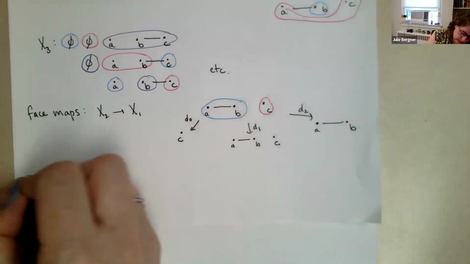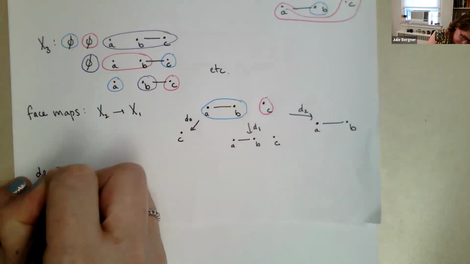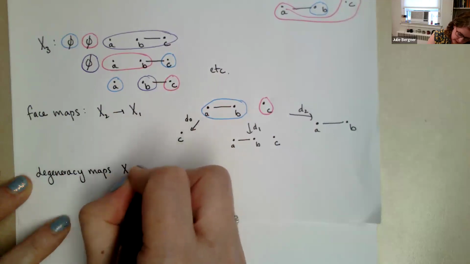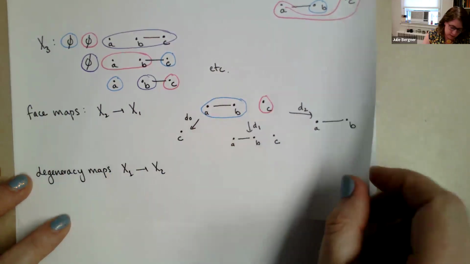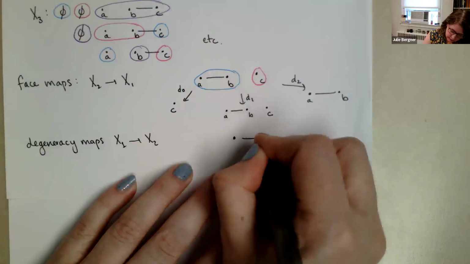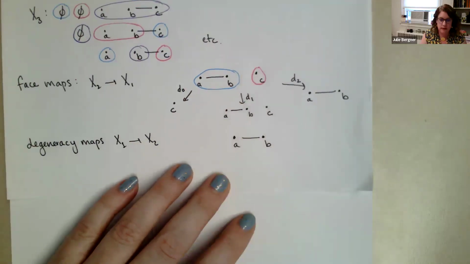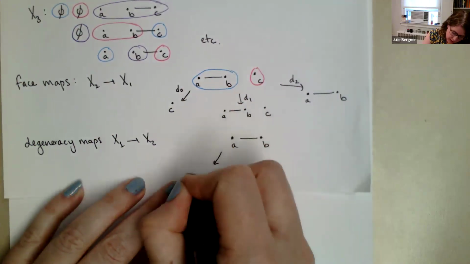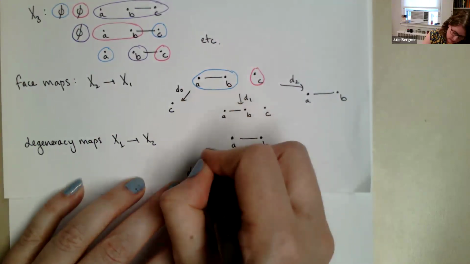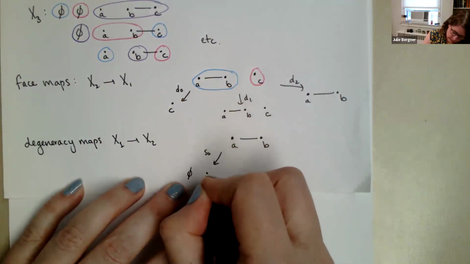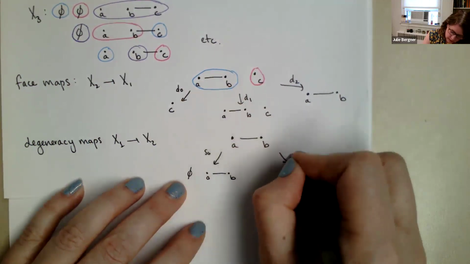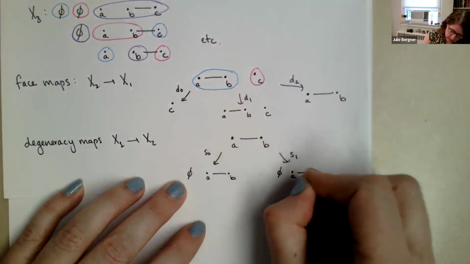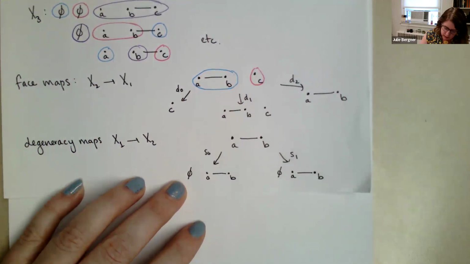And then the degeneracies, so let's say from X1 to X2. If I took, for example, this 1 simplex, this subgraph, the degeneracy maps are just given by inserting an empty set in our partition, and which degeneracy map you use tells you which comes first.